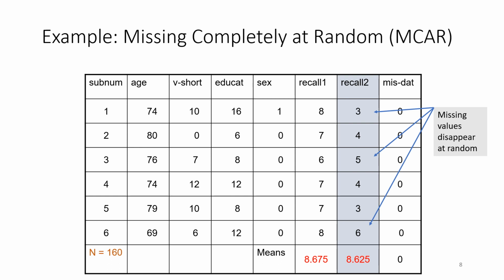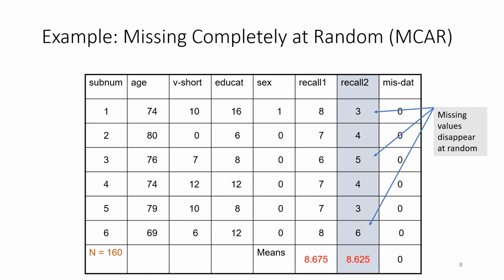We have data for the following variables: age, vocabulary (a shortened version of a vocabulary test), education (the number of years of education a person has), sex, recall at time 1, recall performance at time 2, and a missing data identifier, referred to as MISDAT.